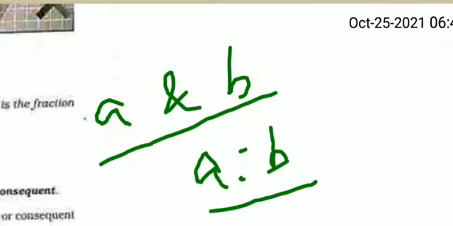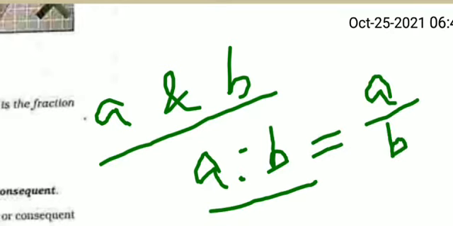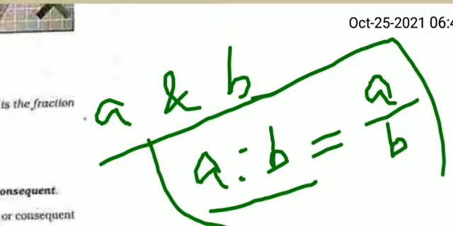This is the format, and this is called A is to B, and we can write A is to B in the fractional form A by B. Hope that everyone understood the matter.